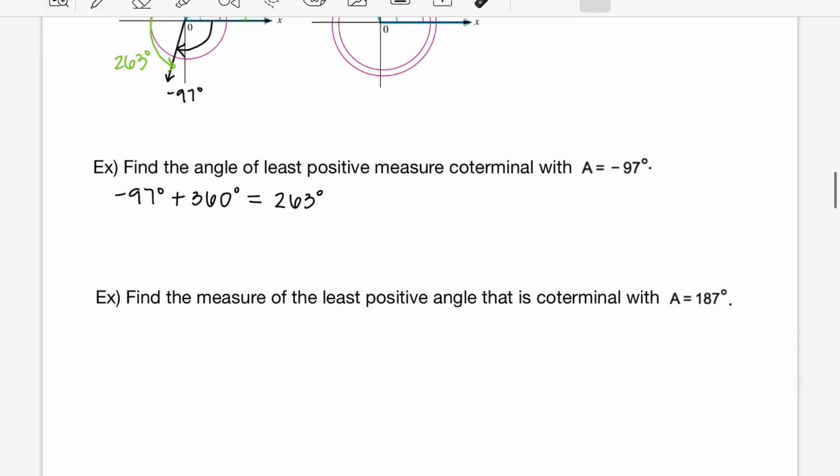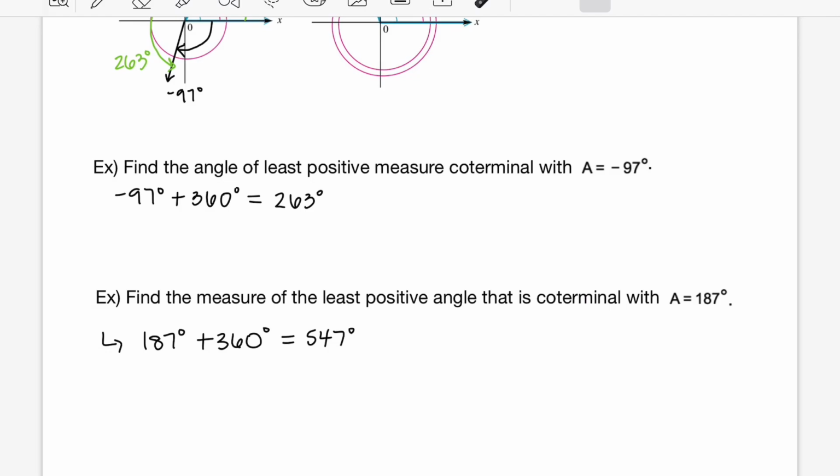We want to find the measure of the least positive angle that is coterminal with 187 degrees here. So again, the coterminal angle is going to differ by a multiple of 360 degrees. Adding 360 degrees to this, we'll get 547 degrees here. And we want to find the measure of the least positive angle. So we might think that maybe we could subtract 360 degrees.